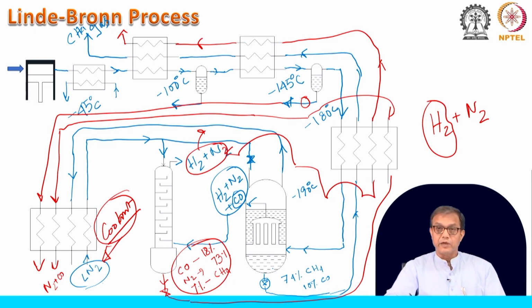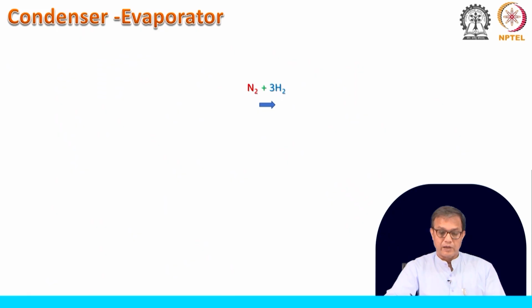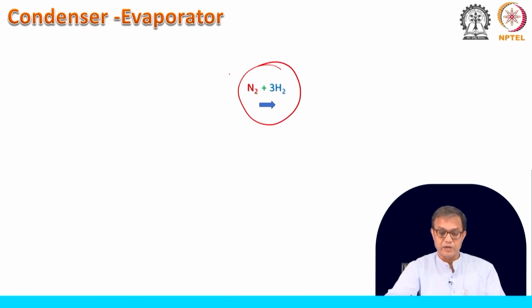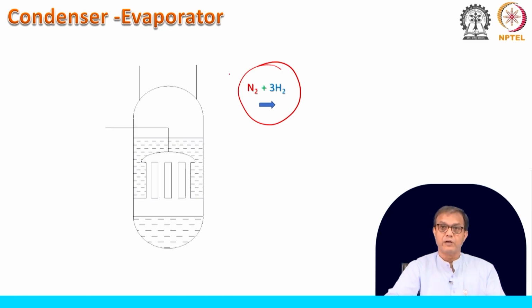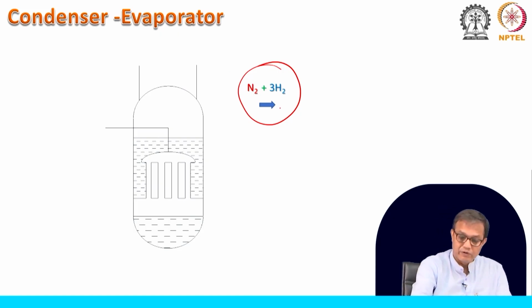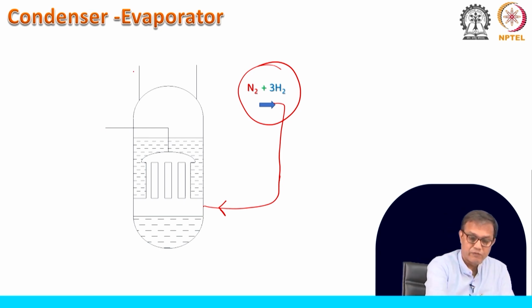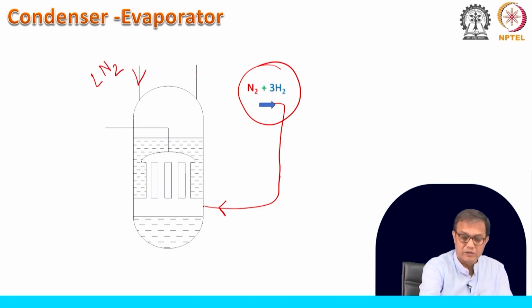If we have liquid nitrogen with us, we will have this mixture, that is nitrogen and 3 parts of hydrogen. We will use another condenser evaporator. We will take this mixture and put it on this side. Here we will have the liquid nitrogen, and this would be the gaseous nitrogen.